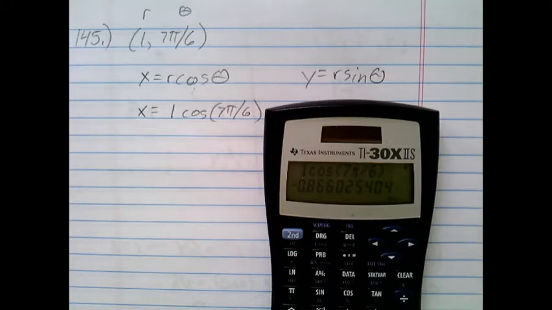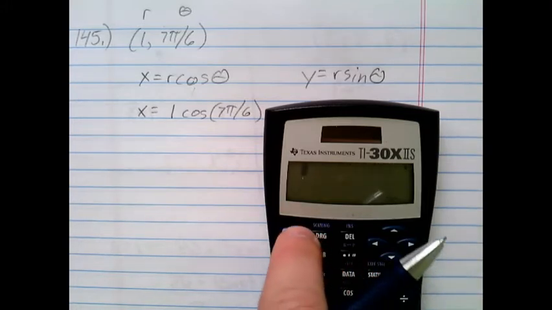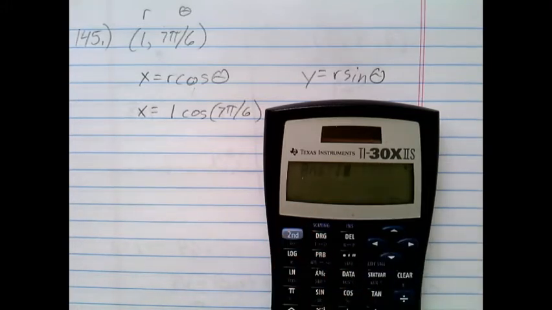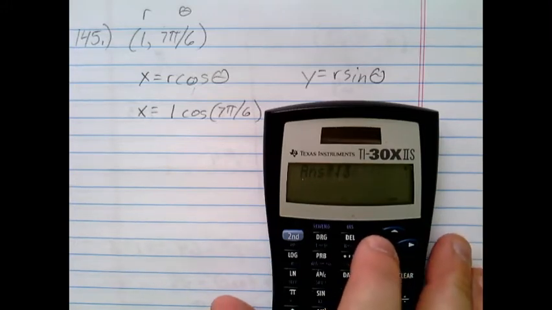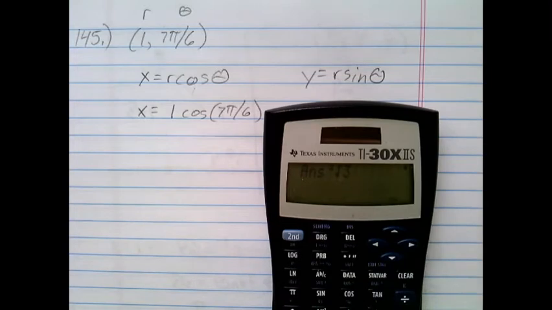Now, it would be nice if we could put that in a clean form. I recognize that decimal as the square root of 3 over 2. It might not be a bad idea for you to write square root of 3 over 2 and square root of 2 over 2 down. Let me try that again.